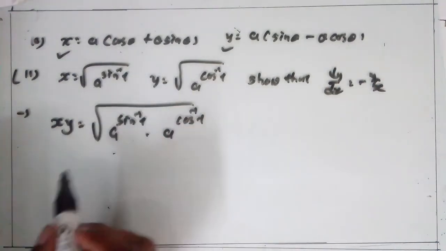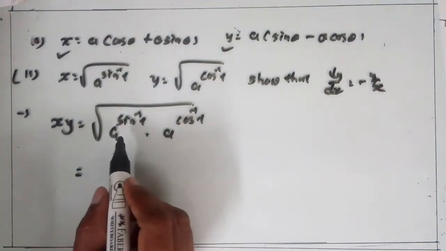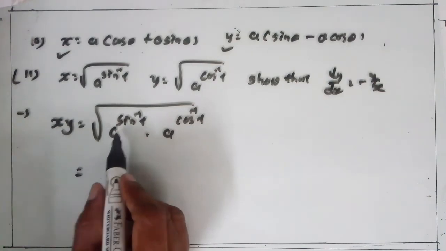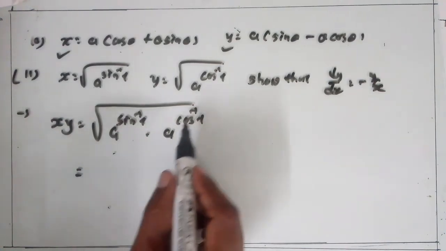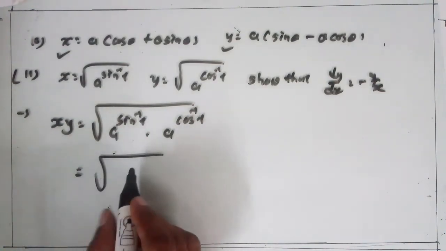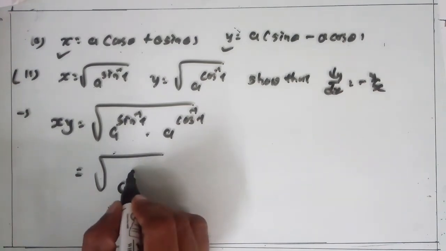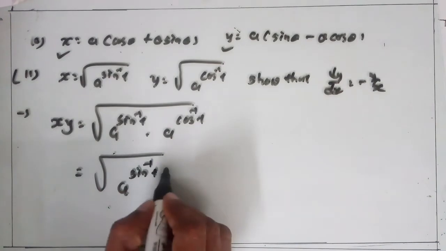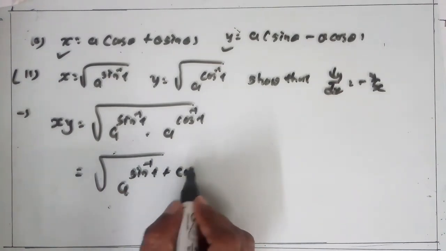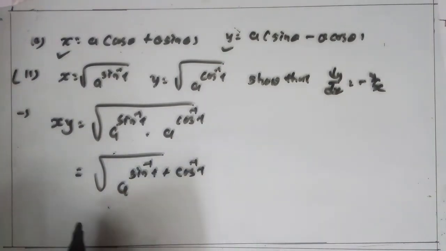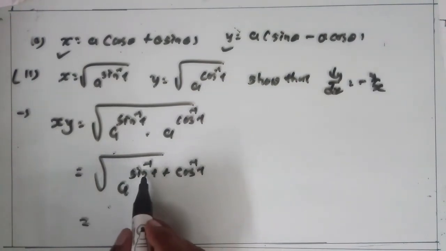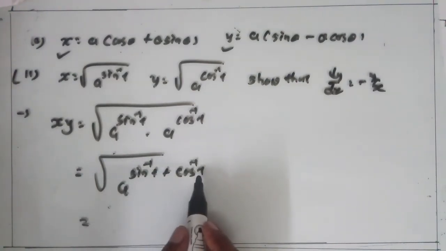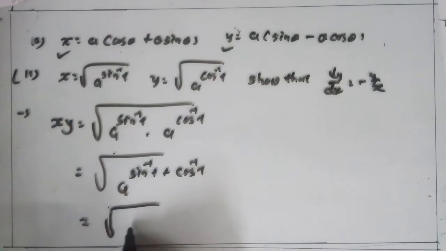Here base common. A raised to sin inverse t into a raised to cos inverse t is equal to, we know that, a raised to sin inverse t plus cos inverse t. So sin inverse t plus cos inverse t is equal to pi by 2, we know that. So root of a raised to pi by 2. Clear?